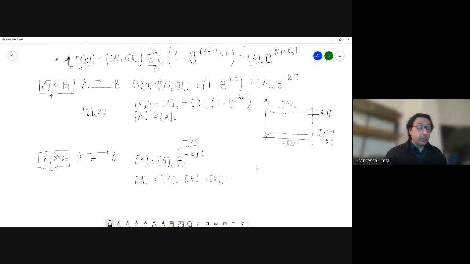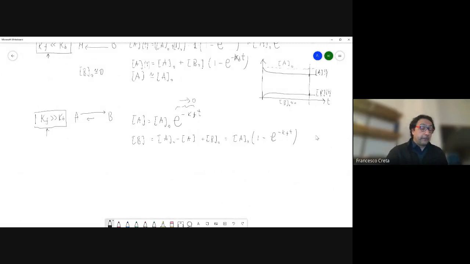You can rewrite it using the expression we just wrote for A as A0 times (1 minus e to the minus KF t). So for long times, at t going to infinity, A goes to 0, and B will tend to A0.